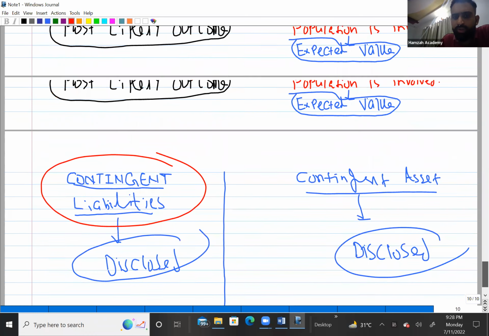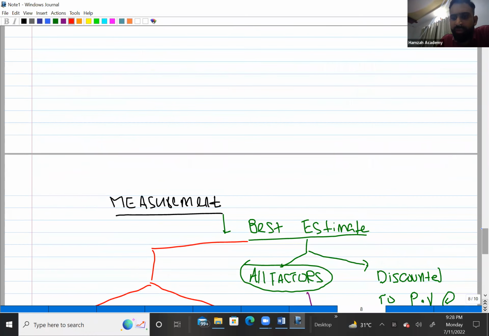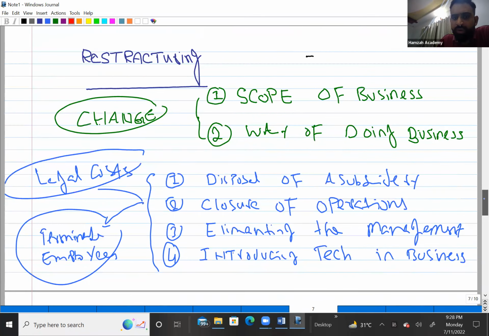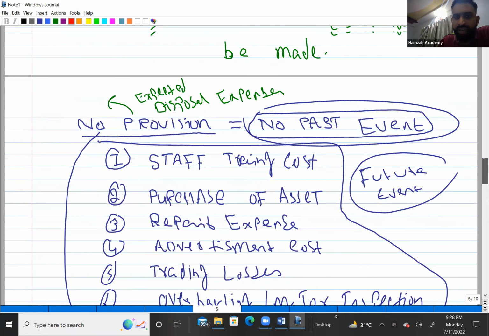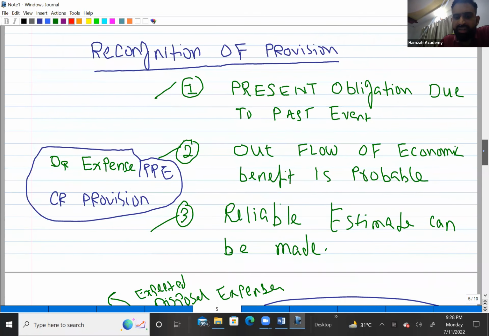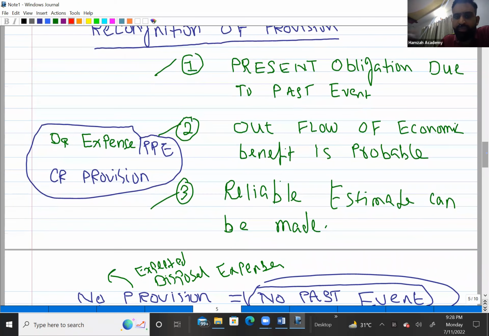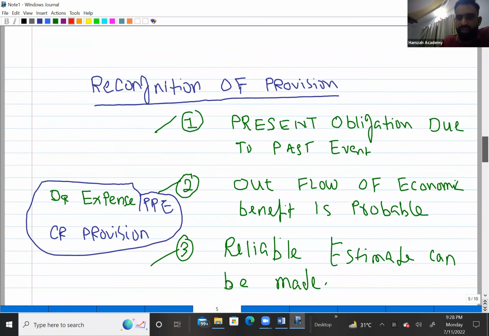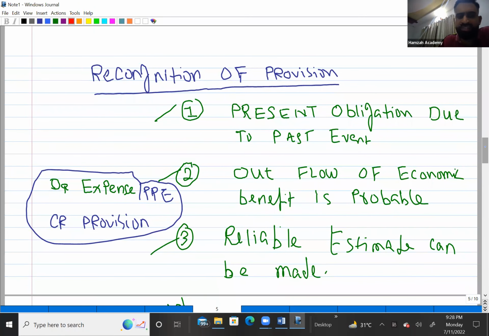Now, to understand the contingent liability, you have to come back to the recognition criteria of the provision. In this criteria, we have three conditions. If any of the conditions is not fulfilled, it cannot be a provision. Then what can it be?